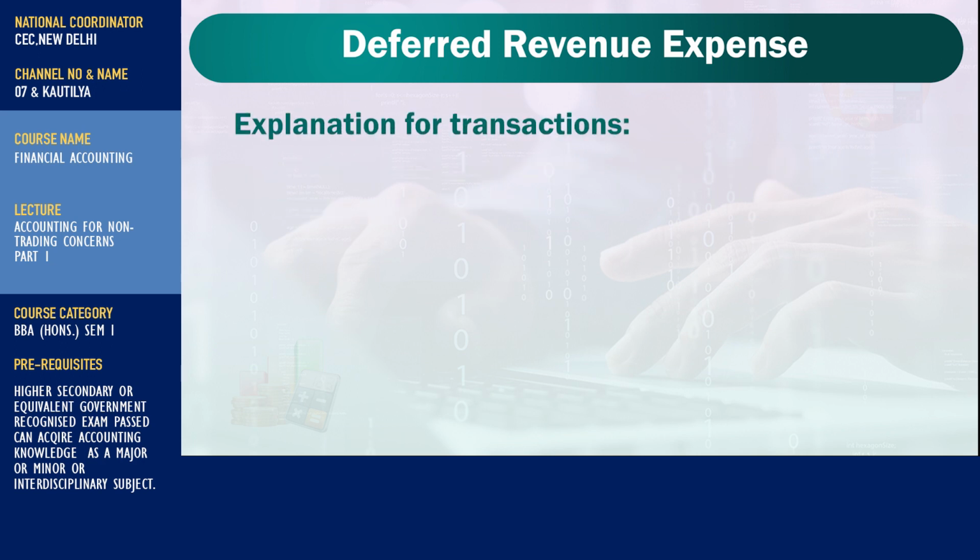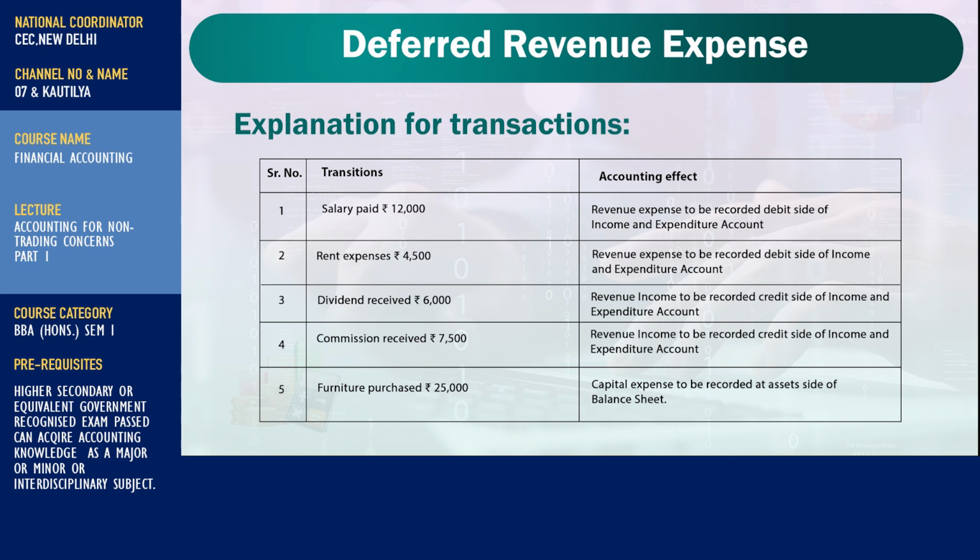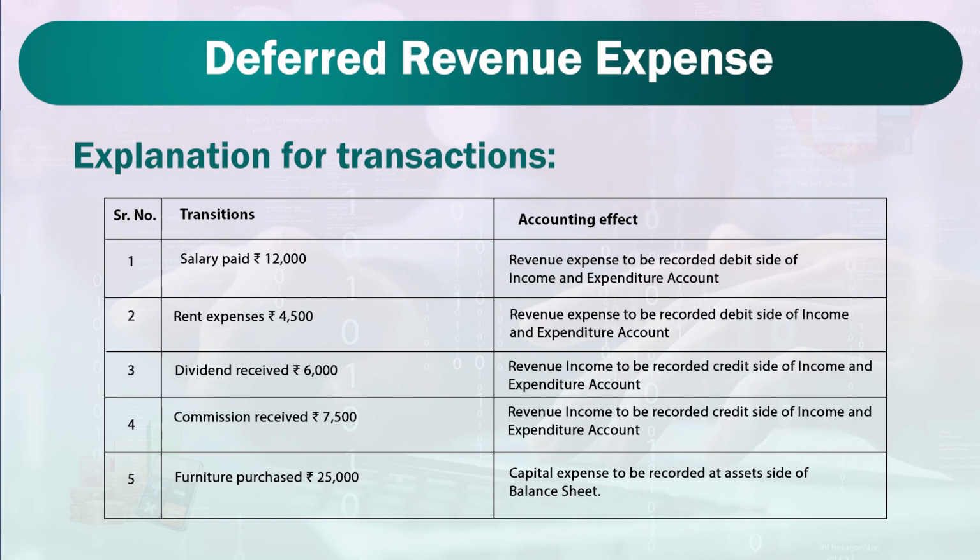Explanation for the transactions. Transaction 1. Salary paid rupees 12,000. The accounting effect would be revenue expense to be recorded debit side of income and expenditure account. 2. Rent expenses rupees 4,500. The effect would be revenue expense to be recorded debit side of income and expenditure account. 3.